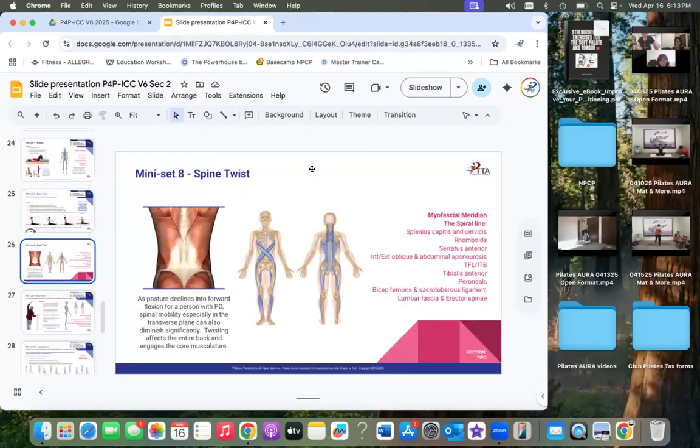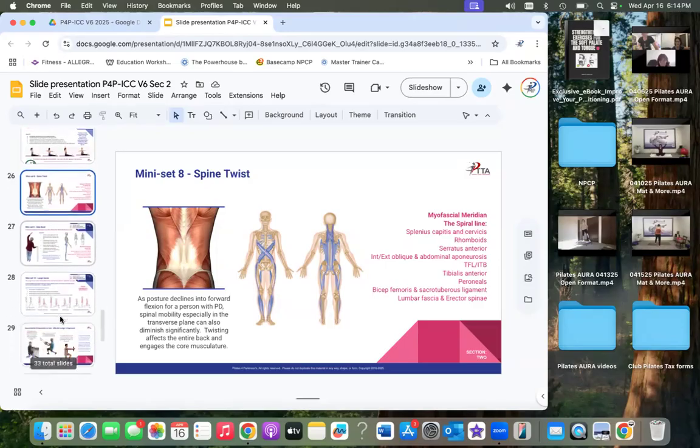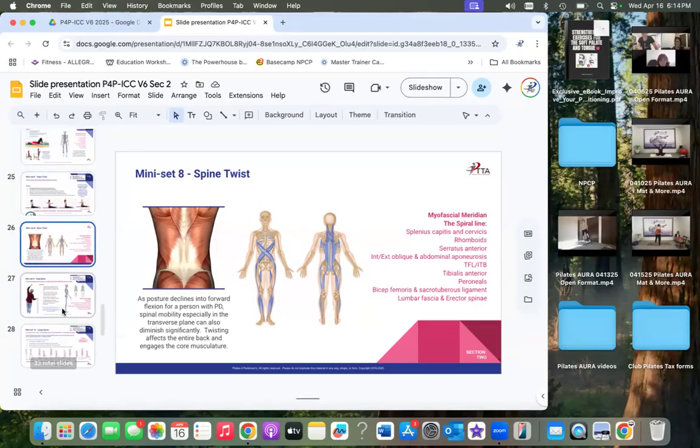Also, I want to talk about the spine twist in terms of myofascial meridian training. How many of you have done myofascial meridian training or know about the myofascial meridians? Anybody? I know about meridians from a yin yoga training. Okay. We'll go into this more, but I'm just going to give you a quick drive-by on what this is. Throughout the body, there is fascia.